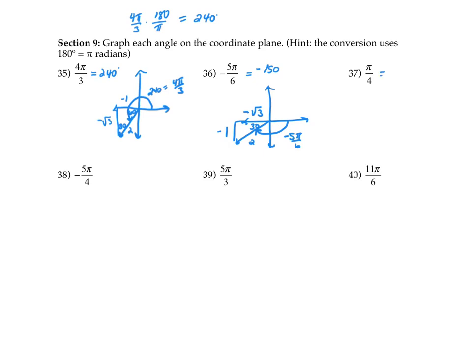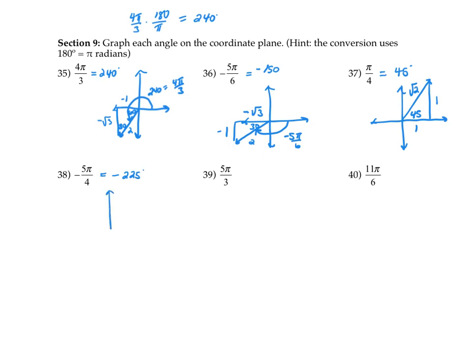Pi over 4, it's a quick one. That's equal to 45 degrees. So that's going to be halfway between 0 and 90 in the first quadrant. And it is the reference angle. So the sides are equivalent. So 1, 1, square root of 2 for that special right triangle. Negative 5 pi over 4 is a multiple of pi over 4, so it's a multiple of 45 degrees. 5 times 45 is 225 degrees.